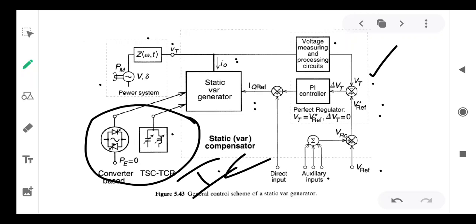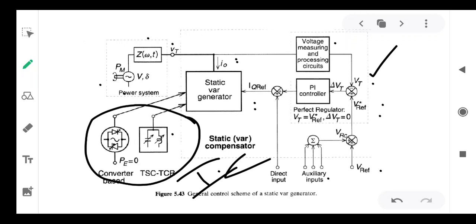So the PI output is given to the summer, to which direct input is also taken, which will be taken from the delta F, delta P, etc. Any signals which will reflect the transient stability, power oscillation damping, or any of the problems.